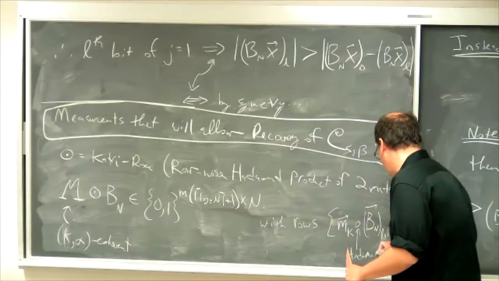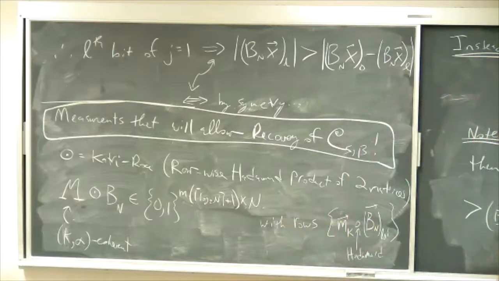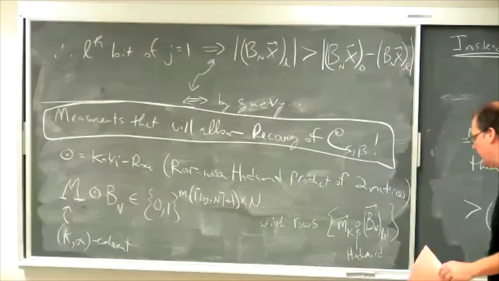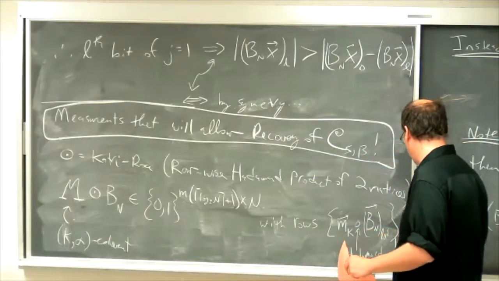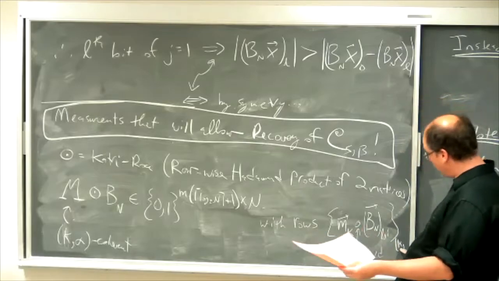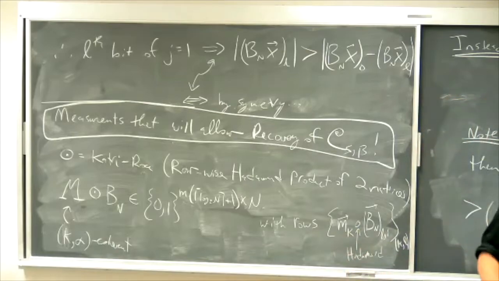And what is a Hadamard product? It's just an entry-wise multiplication of the entries in the vectors. This is for all rows k of M and all rows l of B. So a little bit nasty, but not too bad. It just takes some mental processing.